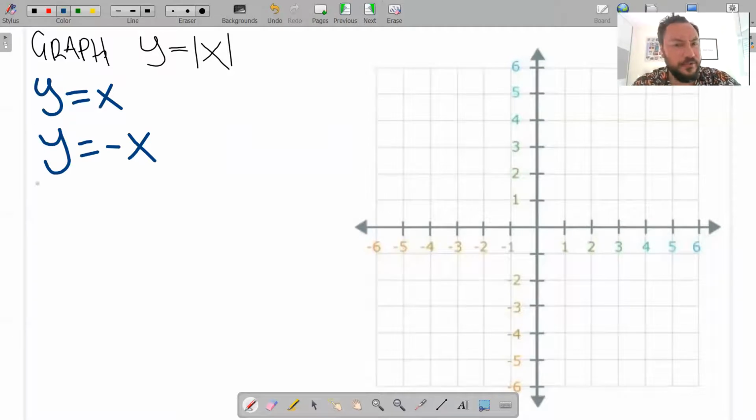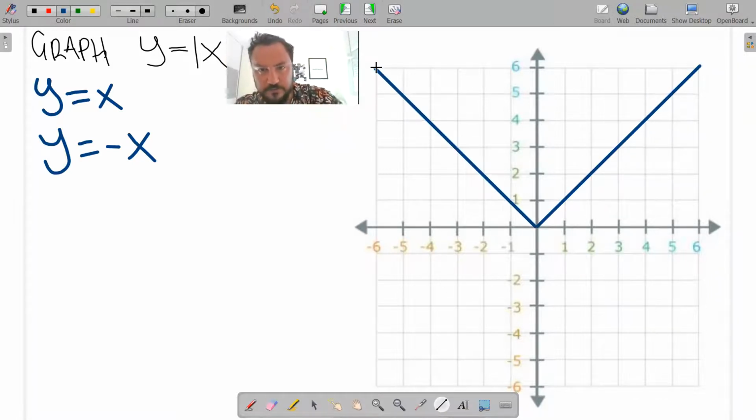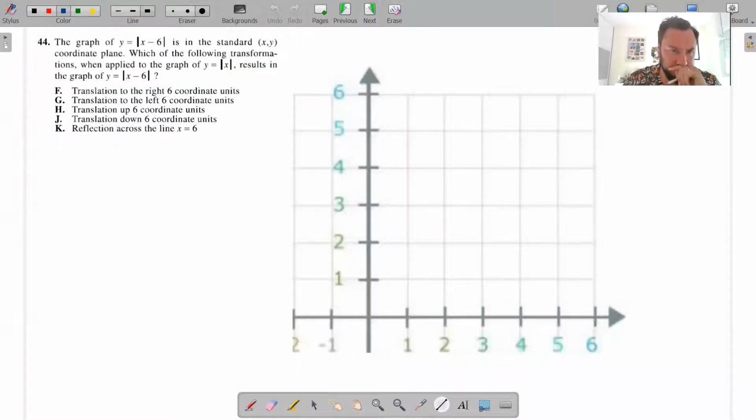Because of this, what I will get is a mirrored line, because the absolute value of x equal to y will result in something like this.